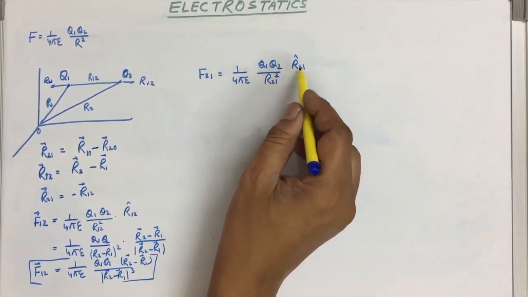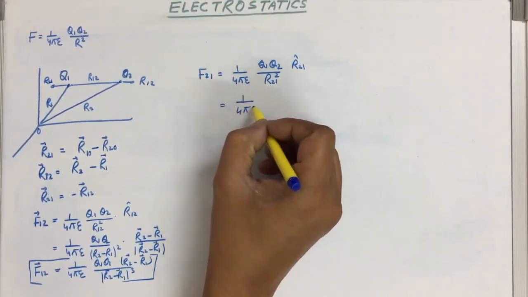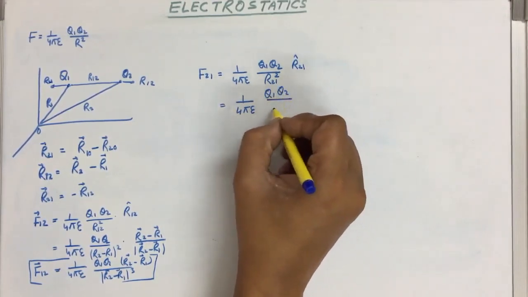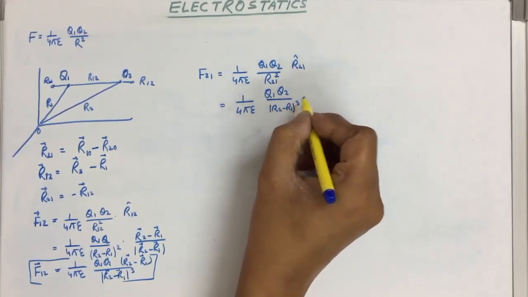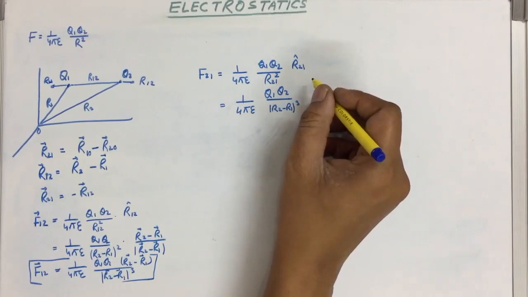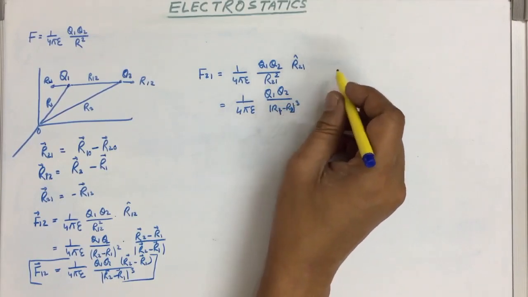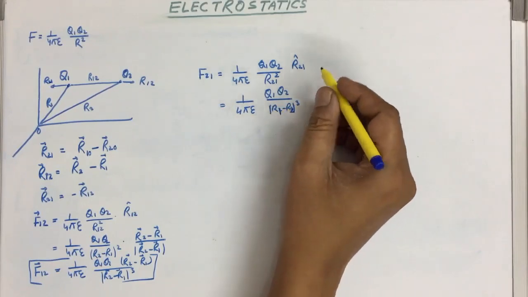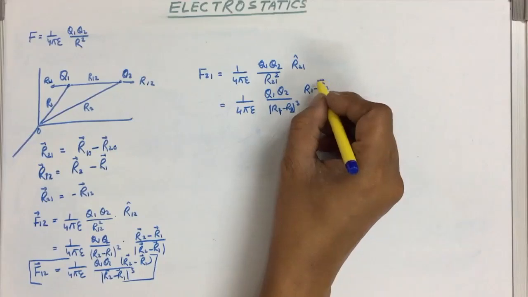Now if we simplify this, we get Q1 Q2 by the magnitude of R2 minus R1 cubed, or R1 minus R2 cubed. By the way, both will be the same because we are taking the absolute value, multiplied by R1 minus R2.